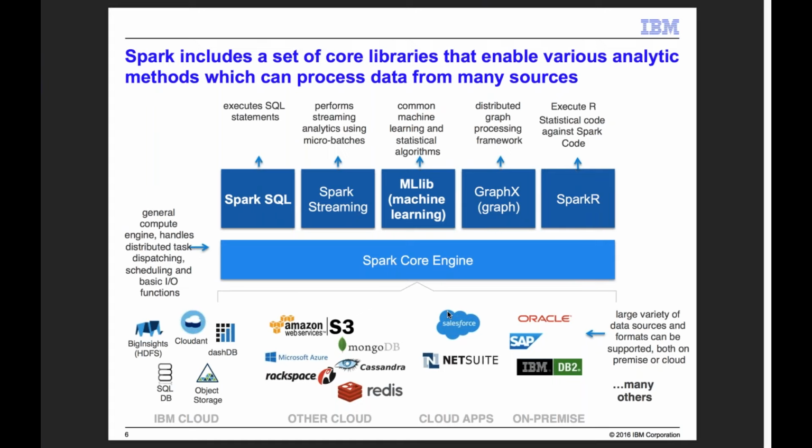Spark SQL is for when I want to run an interactive query and get results. If I want to run near real-time streaming, most of it is not real-time, it's near real-time, depending on the use case. Most applications would work with near real-time streaming, so you could do that with Spark.